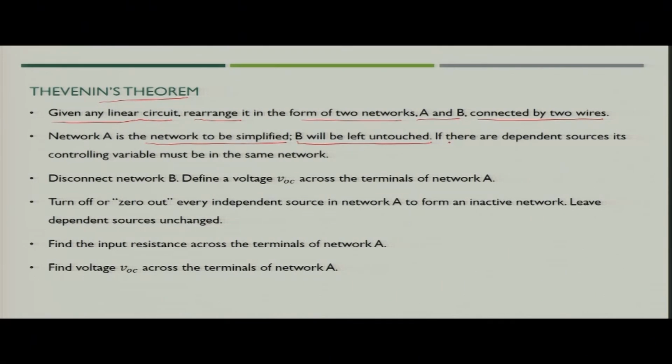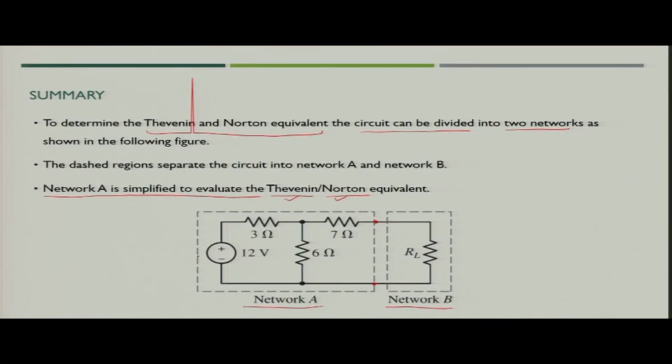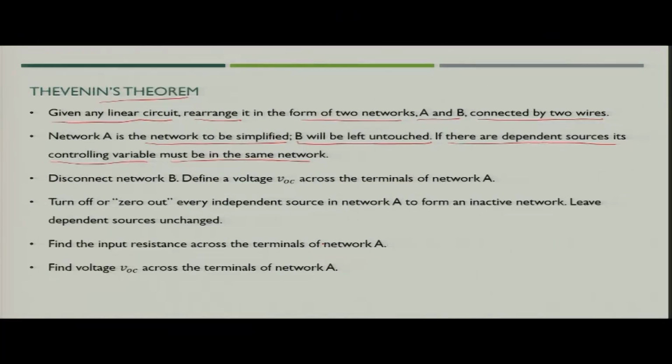Then if there are dependent sources, its controlling variable must be in the same network. That means, if there is a dependent source in the circuit, the variable should also be in the same circuit. So, both should be inside the network A for analysis.